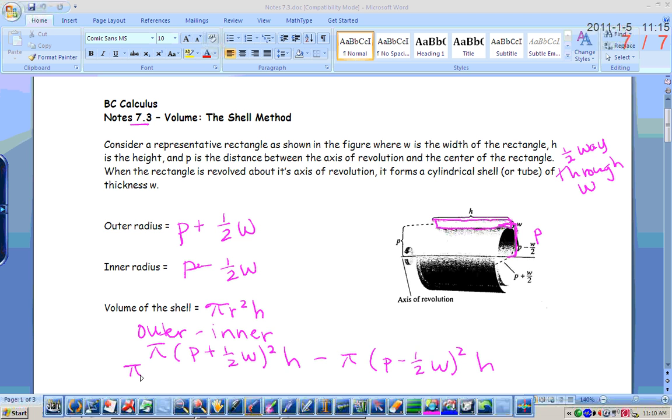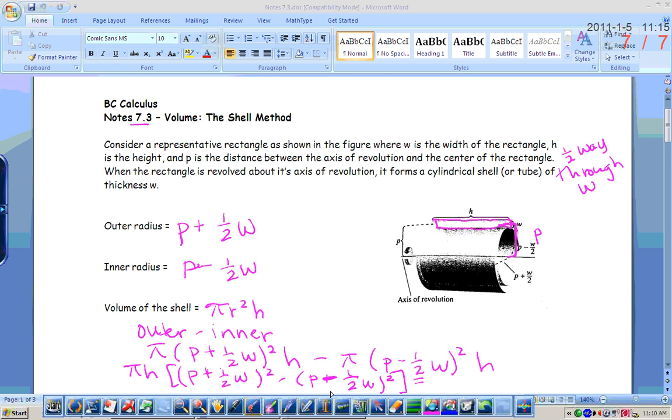So I could factor out a pi and an h, and then I would have (P plus 1/2 W) quantity squared minus (P minus 1/2 W) quantity squared. Now, to simplify all that, we would have to FOIL out both of these parentheses that are being squared.